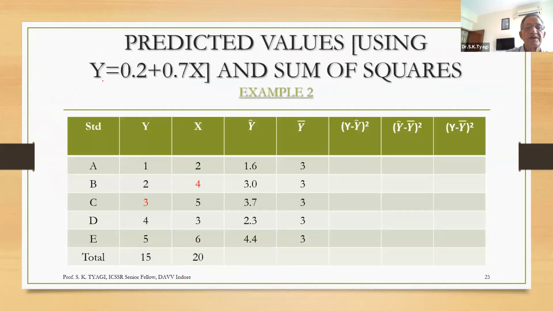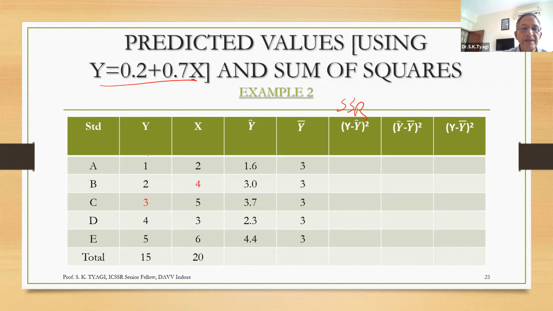Now this is our regression equation. These are the predicted values. This one is the mean of y. So calculate the residual, SS residual, first. I have already calculated the predicted values.